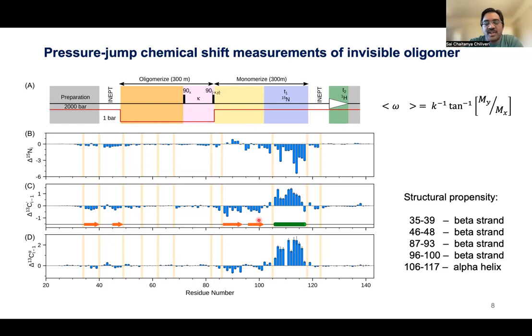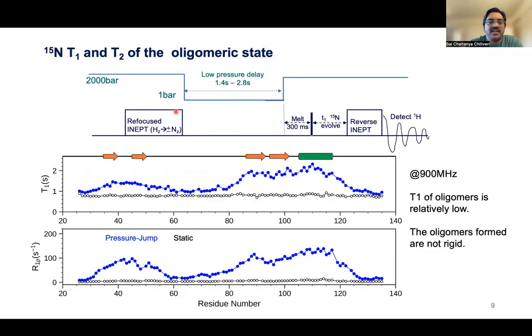To determine how rigid these oligomers are in this short span of the oligomeric state, we obtained 15N T1 and T2 relaxation times of the oligomeric state on a 900 megahertz spectrometer. Here is the pressure jump pulse sequence scheme for the T1 experiment, where the protein is briefly allowed to fold at 1 bar for a span of 1.4 to 2.8 seconds.